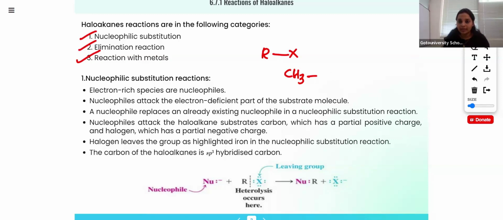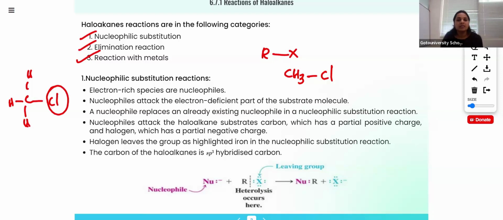So CH3Cl: C, hydrogen, hydrogen, hydrogen, chlorine. Here, this chlorine is to be substituted by the nucleophile, that is OH minus or any other nucleophile. That is called a nucleophilic substitution reaction.